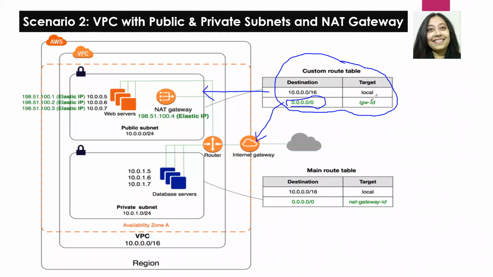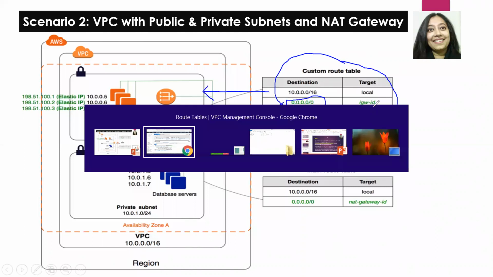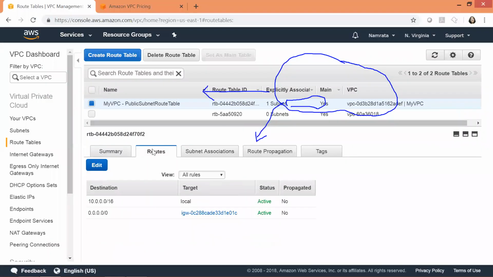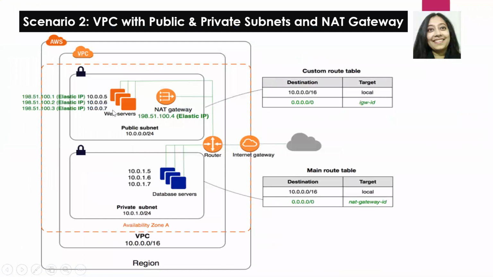So we have two, one local and one for our internet gateway. As you see, it's right here, these two. Okay, fine.